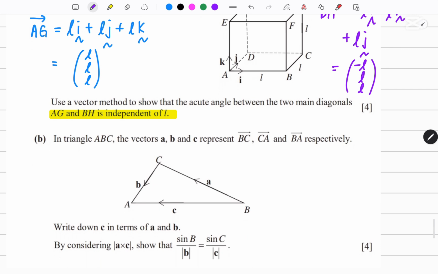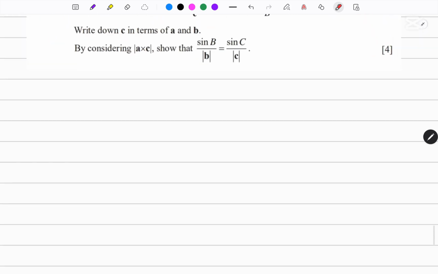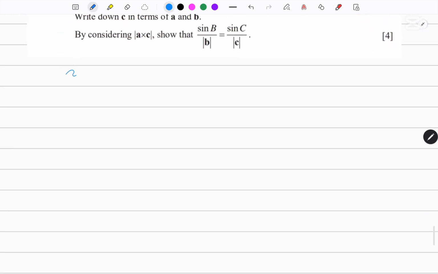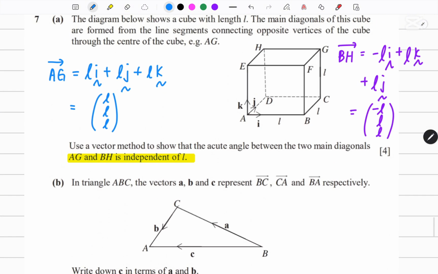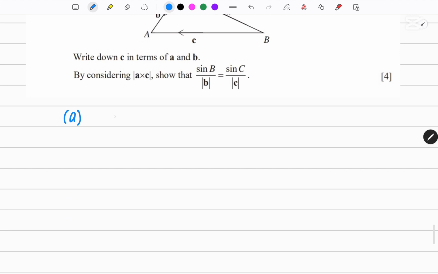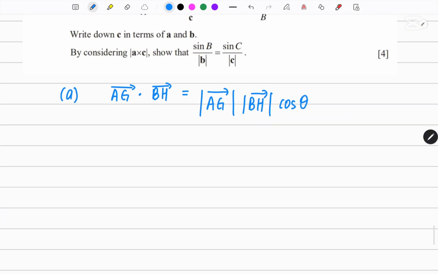Okay, so again, we have to relate this to the acute angle between the two vectors. So we will have to use this formula that you will have been introduced to in the initial stages of vectors. AG dot BH equals modulus of AG times modulus of BH times cosine theta.